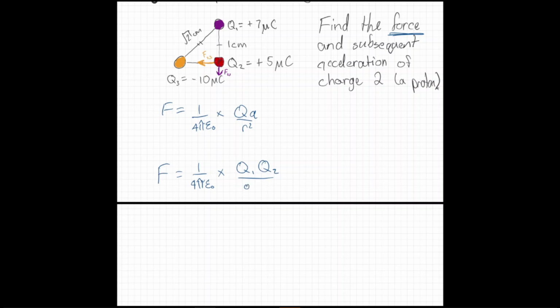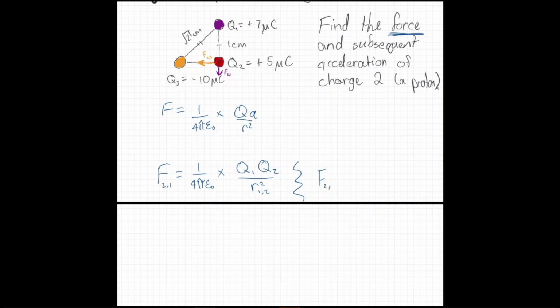Or we'll just say radius for now. 1, 2. Now remember, every time we do one of these questions, we're being reminded that radius squared is our relationship here. It's an inverse squared relationship. Don't forget that. That is important that we recognize that. And that's the force of 2 from 1.